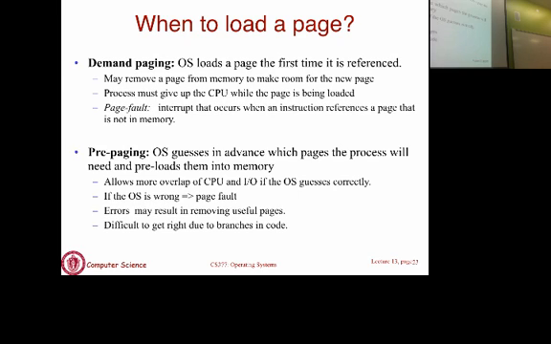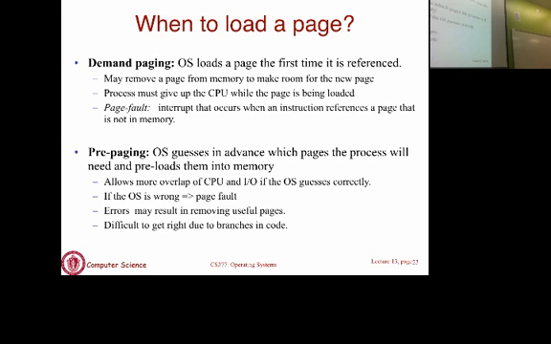So that is what most operating systems will do today. The most general purpose operating systems that support virtual memory will employ some form of demand paging, where they will let the process behavior dictate when pages are brought into memory.